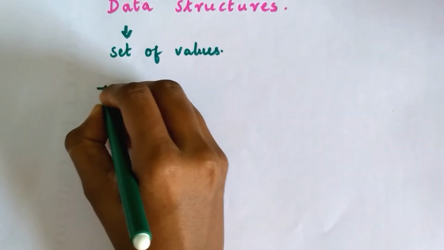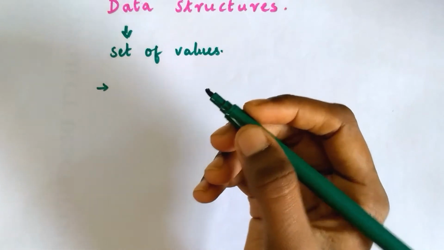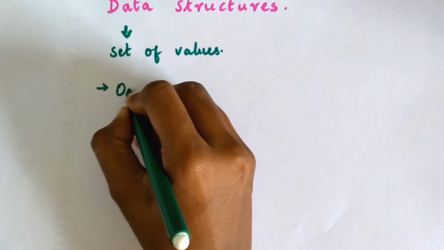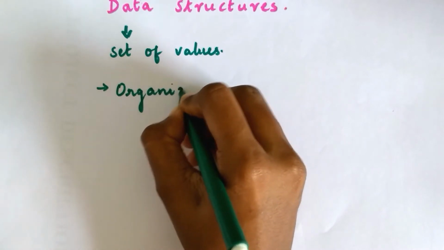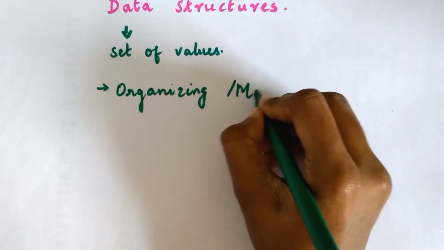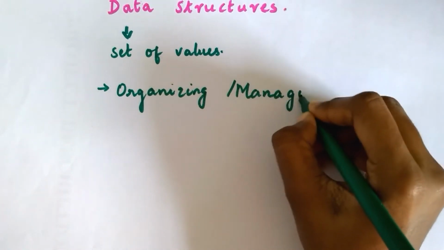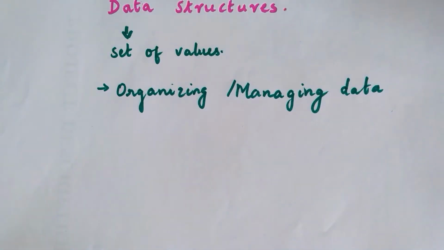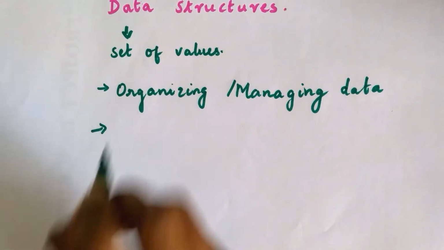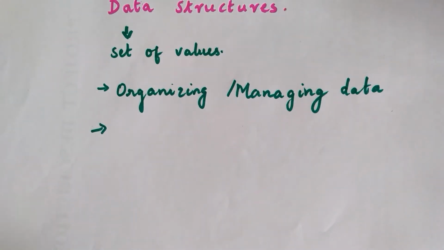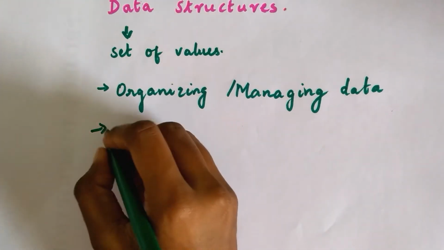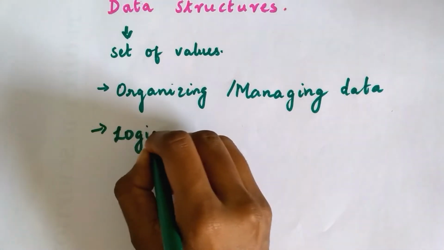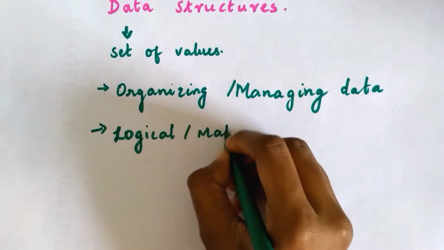What I told here is, first we are going to organize or manage the data. The second thing is we are going to build a model. The two models are logical or mathematical model. These are the two types of model in data structures.